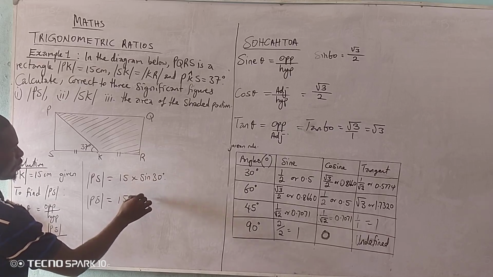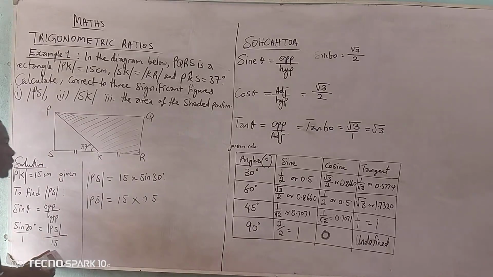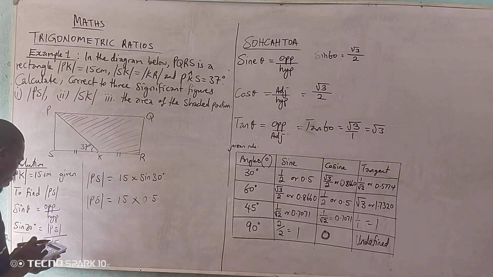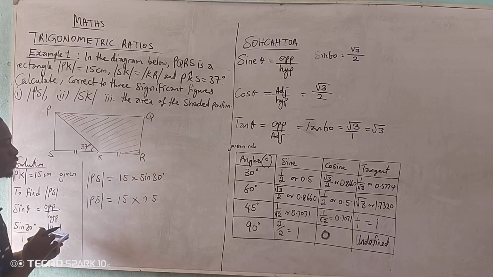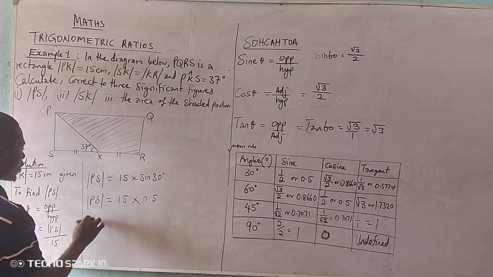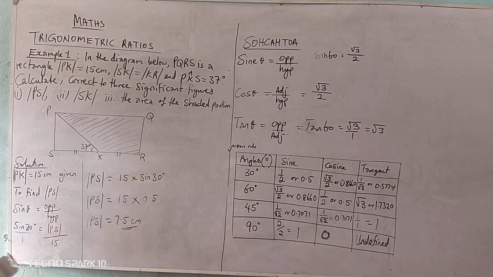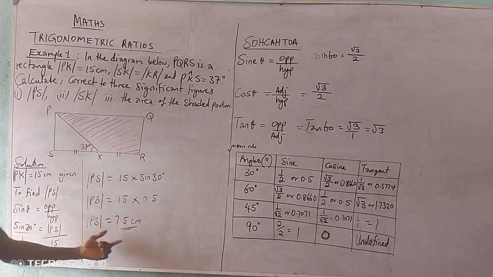Multiplying 15 by 0.5 gives us 7.5. So line PS is equal to 7.5 cm. That is this line.